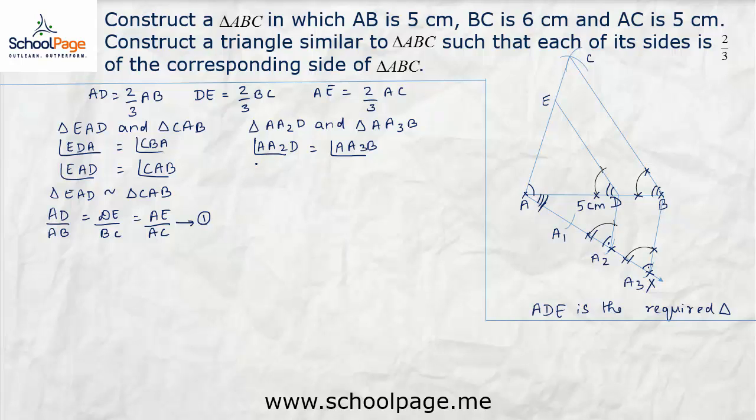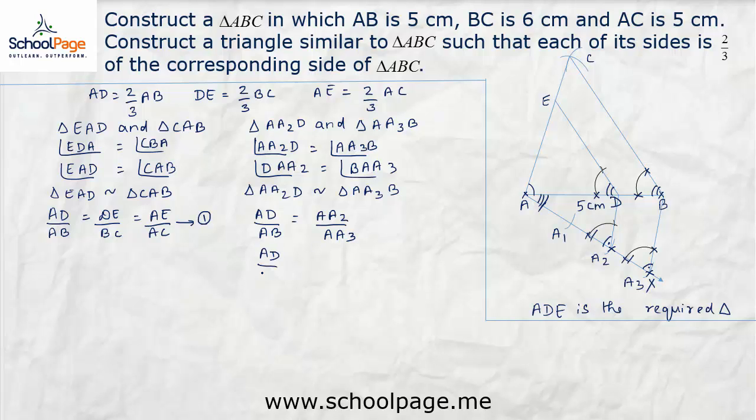Hence, we can say that angle DAA2 is equal to angle BAA3. So, triangle AA2D is similar to triangle AA3B by AA similarity criterion. So, we can say that AD upon AB is equal to AA2 upon AA3. AD upon AB is equal to 2 by 3. Let us mark this as equation 2.